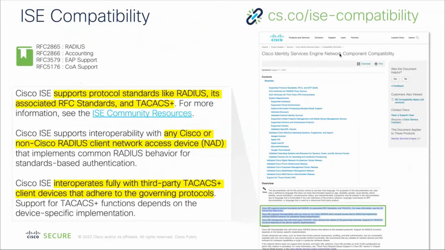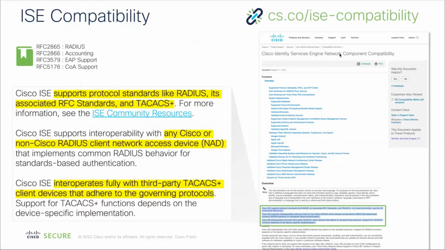And I always like to stress that ICE is a RADIUS and TACACS AAA server, or authentication, authorization, and accounting. So as long as your network devices support RADIUS or TACACS, they can talk to ICE. ICE can support it. So if you ever wonder, does ICE support my device? Does it do RADIUS? Does it do TACACS? Then yes, ICE supports it.